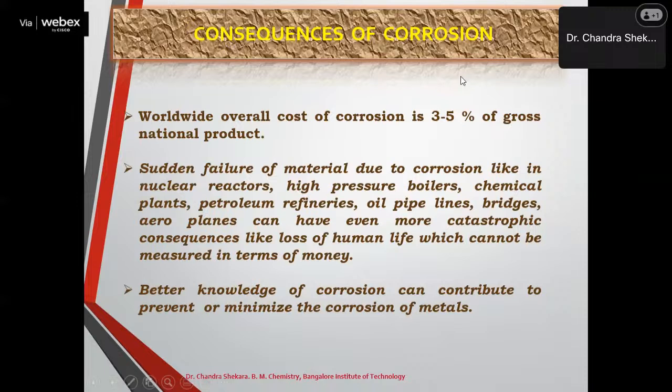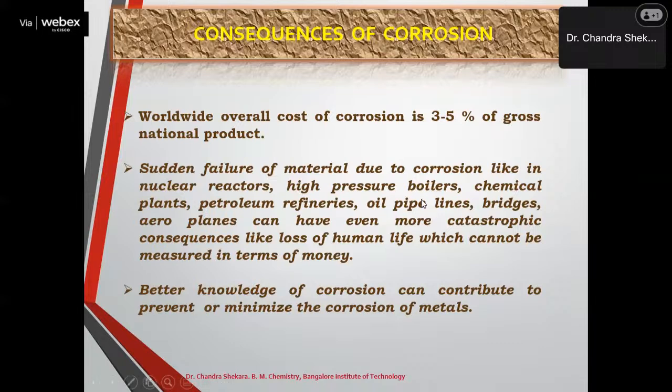See, corrosion we observe everywhere, and even though corrosion looks like a very simple phenomenon, economically, corrosion has a very high impact on the economy of any country. Each and every country is losing about 3 to 5% of their GDP only because of the corrosion of the metallic materials. Corrosion of the metallic materials can have very serious consequences.